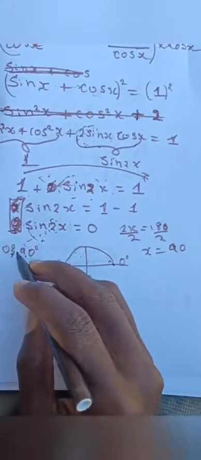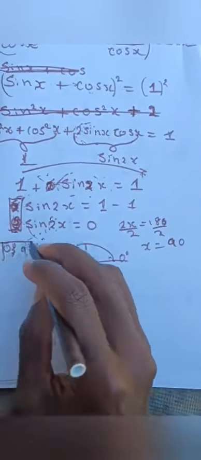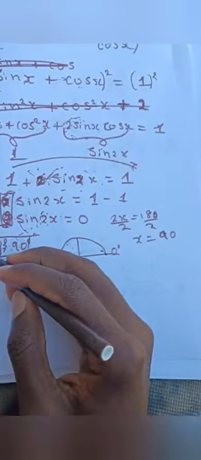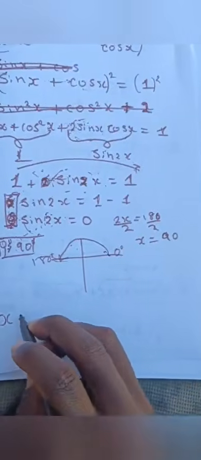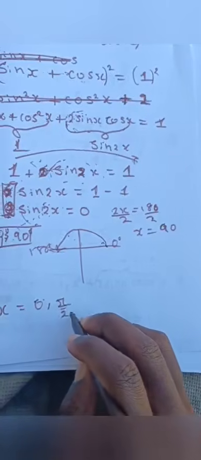I'm writing like this because I want you to understand. Now you need to be writing your answers in radians. So in radians the values are going to be presented like this: 0, pi over 2, which is 90 degrees.